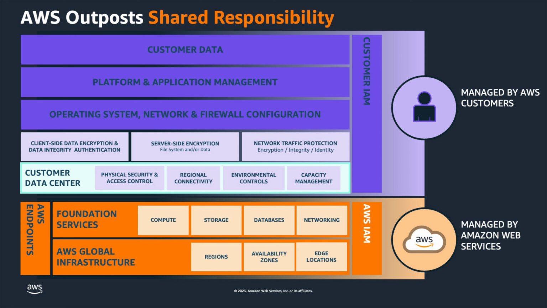In addition, all the services that are supported to run on AWS Outposts, such as EC2, also need to be configured, and you're responsible for the proper configuration of encryption at rest and in transit, and for ensuring that data residency and other controls are followed or applied to those services supported by AWS Outposts.